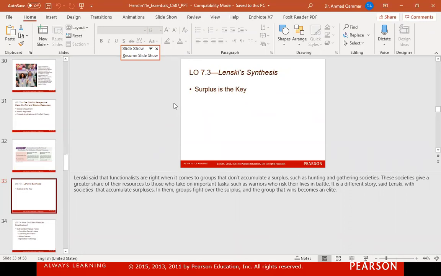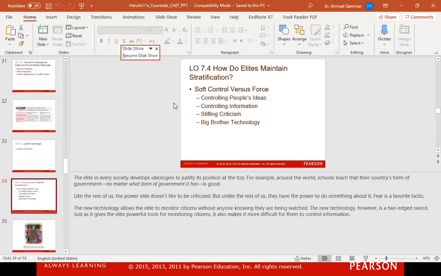If you look at the battle between different business tycoons, one company trying to get more market share compared with the other, we can easily see that it's not about how much salary they want to pay their employees, but rather how much they want to have as accumulated resources, to reinvest and expand their business further, right? So Lenski said it's about the surpluses. Surplus is the key that helps us explain global stratification, right?